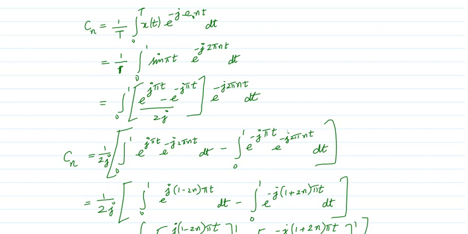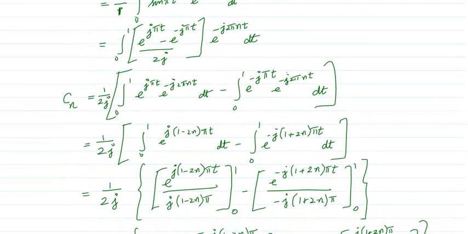Just multiplying and separating into two different integrals. Here I have taken j pi t outside, so it becomes 1 minus 2n. Here also I am taking minus j pi t outside, so it becomes 1 plus 2n.